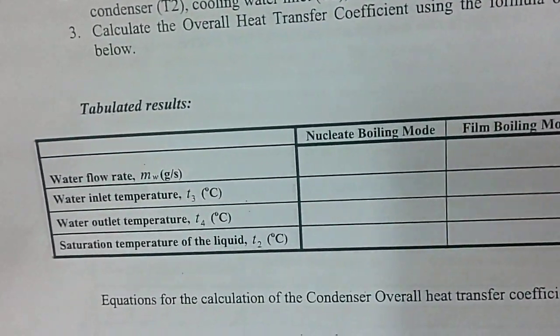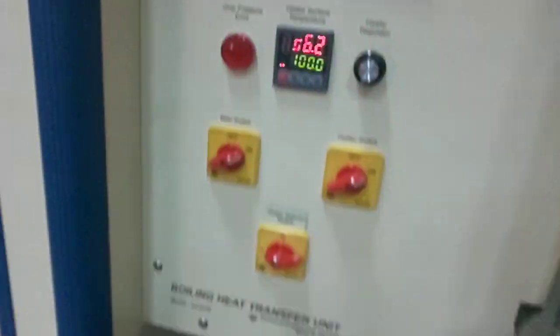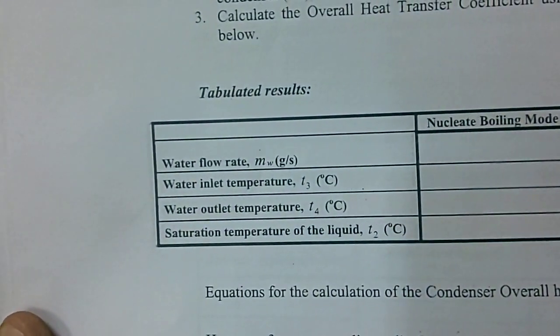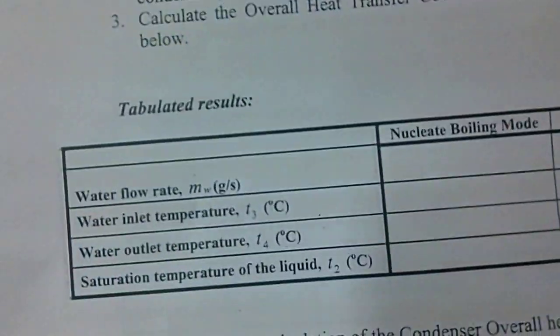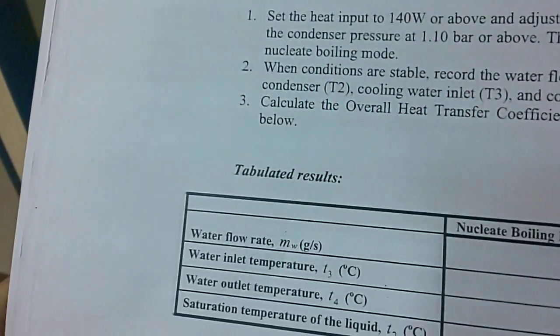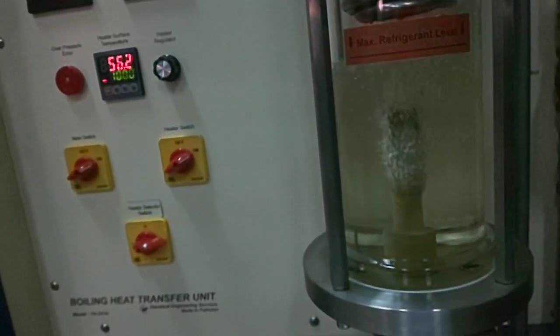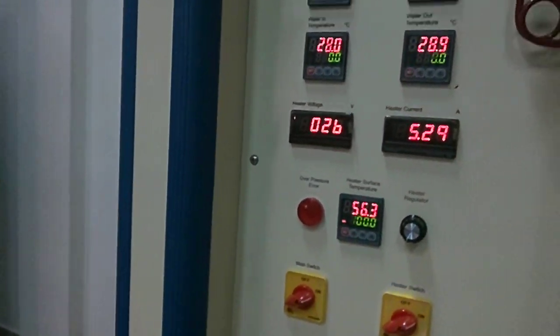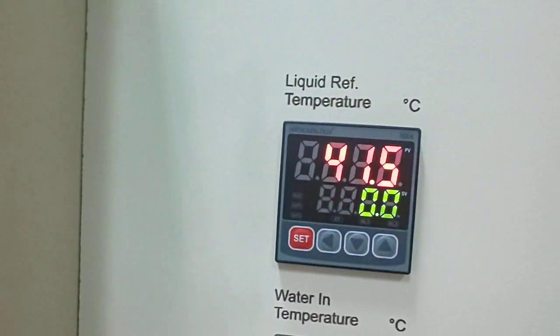The water inlet temperature will be noted from here, and the water outlet temperature from here, and the saturation temperature of the liquid at the given fluid temperature. The fluid temperature right now will be noted from this one. This is 41. 41 is right now the fluid temperature.